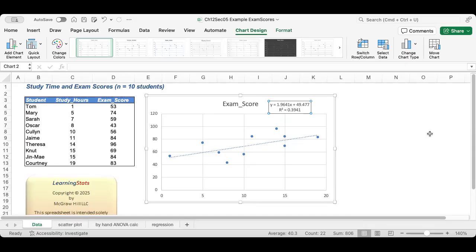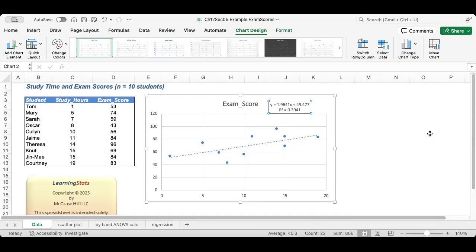Here's my information for this study time versus exam score. How much of your exam score variation is strictly due to your studying time based on this data? That's our R squared, 39%.